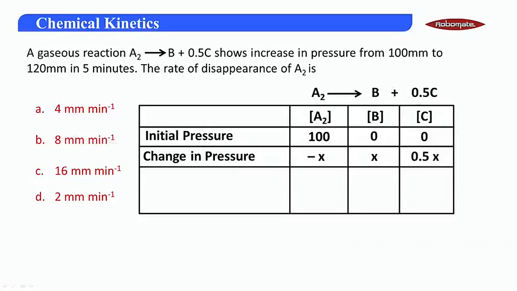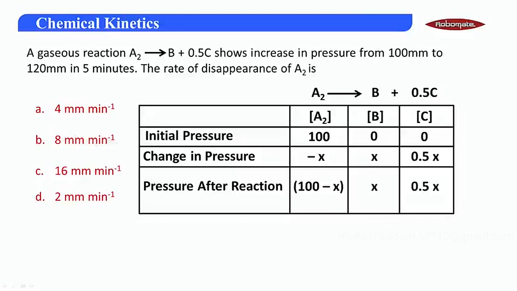Now here, when we combine the first two rows, we can say that after the reaction is over, the pressure for A2 is 100 minus X. For B it is X, and for C it is 0.5X.